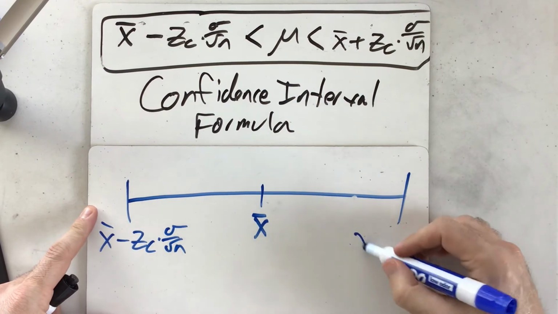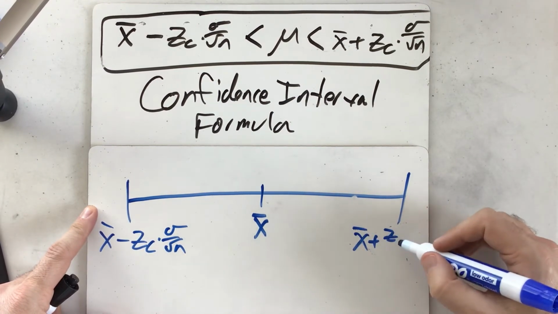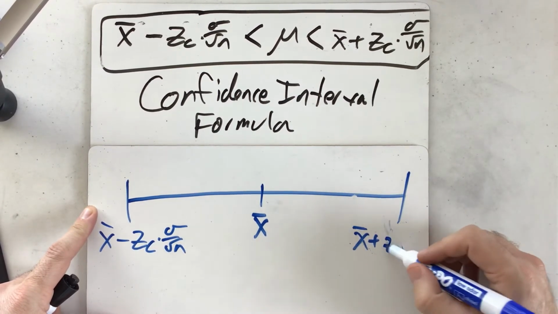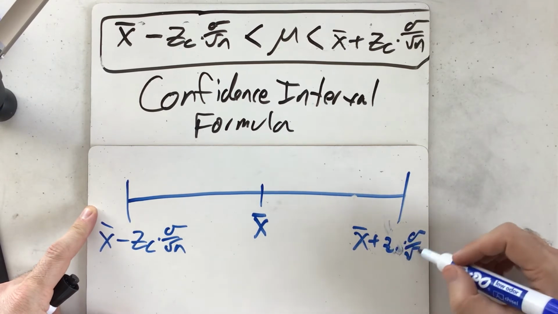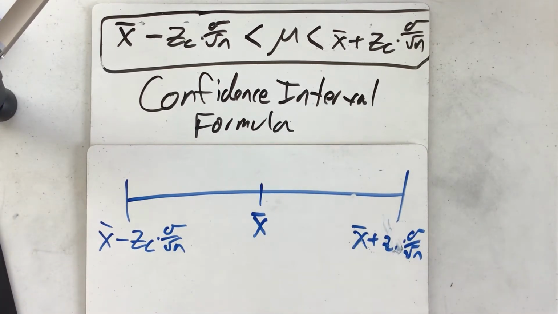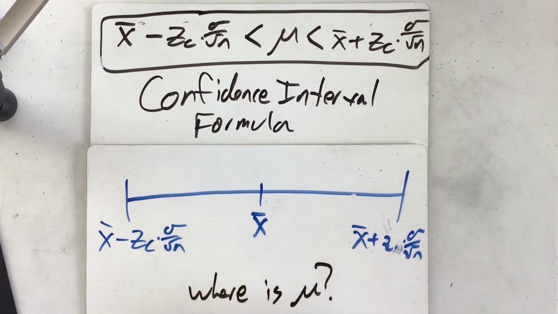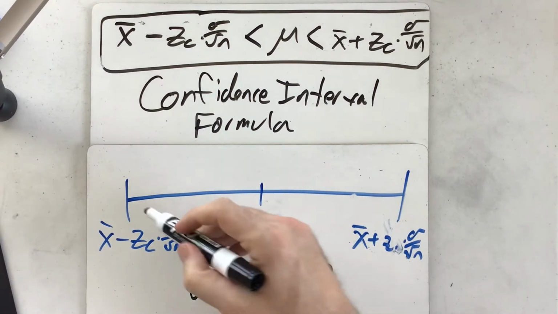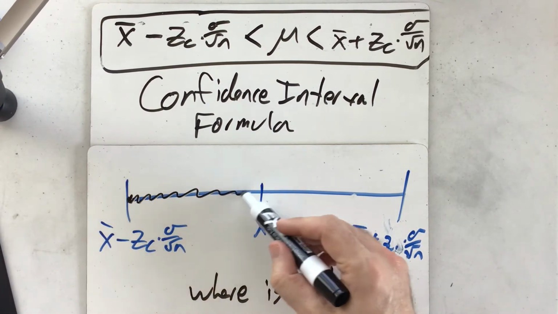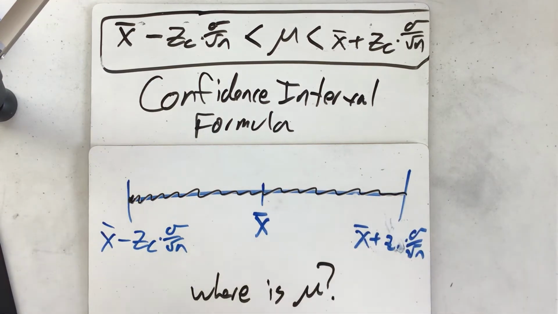And over here is going to be x bar plus ZC times sigma over the square root of n. And what that means is that if someone asked, where is mu? Well, the answer is mu is most likely somewhere in this collection of values.